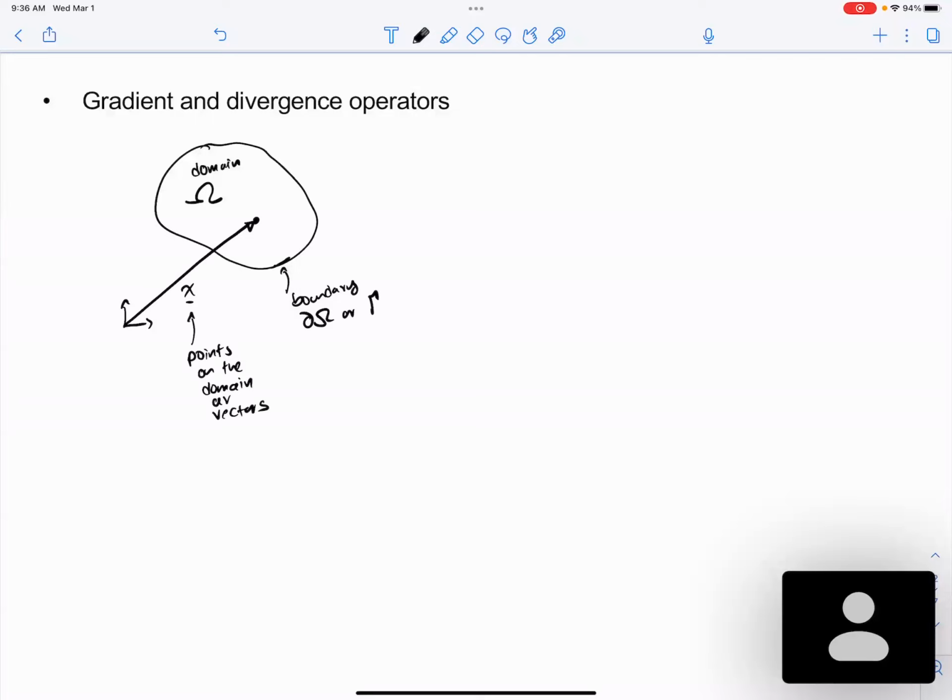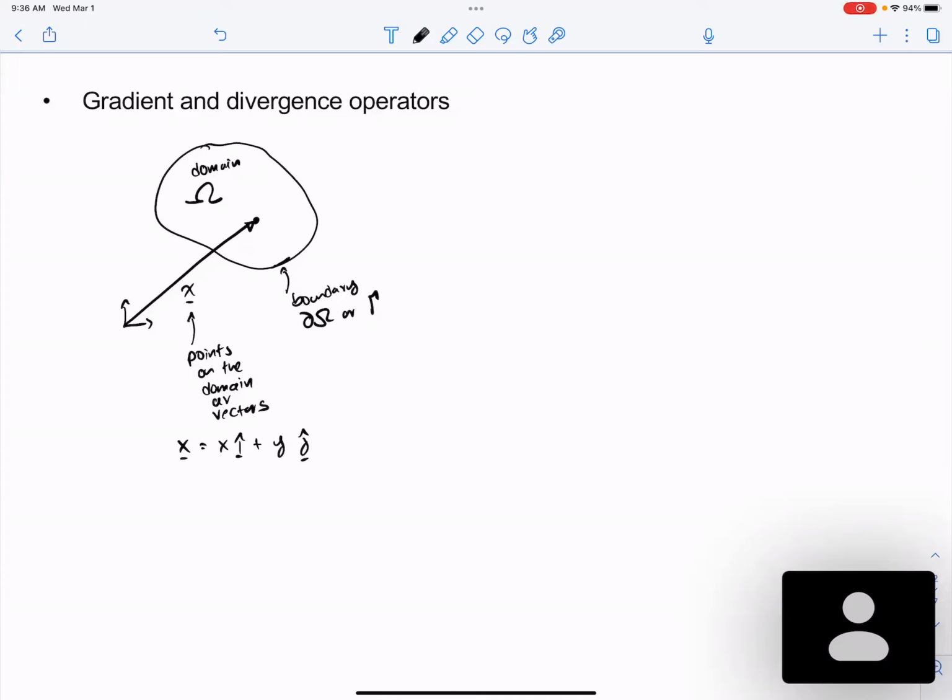Again, as opposed to before where I just had x, the variable x, now it's a vector. So that means that obviously you can express it as some x component and some y component. So if you are familiar with your i, j notation, it has components.